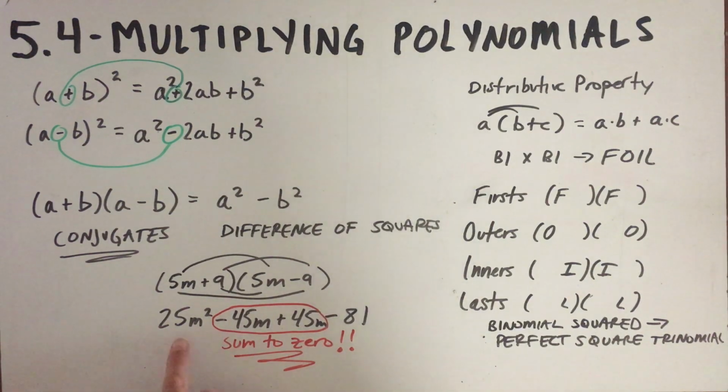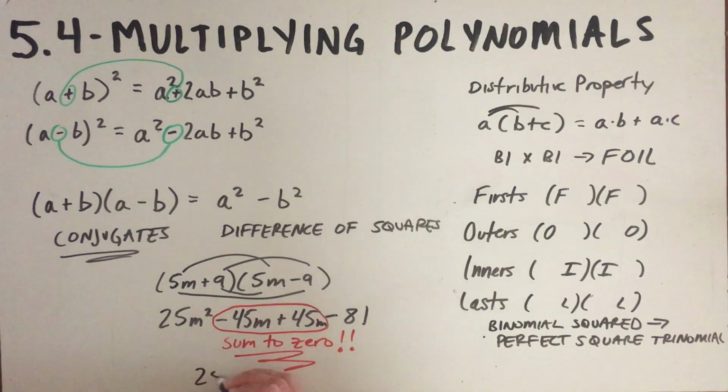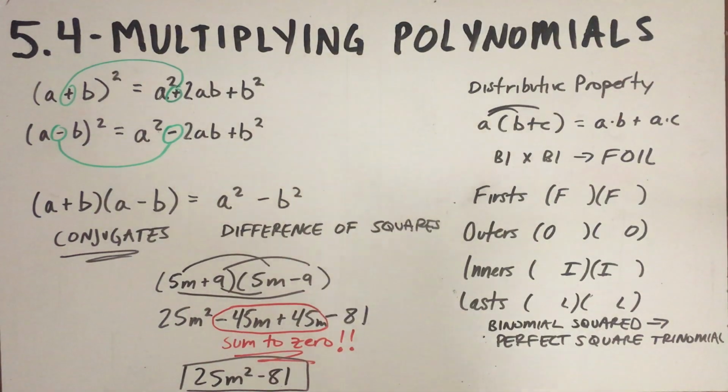That's how you end up with just two terms when you multiply these together. So the end result here, if I were to multiply 5m plus 9 times 5m minus 9, is 25m squared minus 81. Okay, this is a difference of two squares. So that is the concept of the difference of squares.